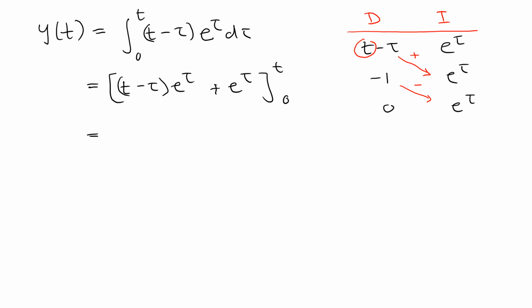When you plug in t for tau, the first term is 0, and the second term gives you e to the t. When you plug in 0, e to the tau is 1, and the first term gives you t, and since it's the lower limit, you get a negative sign, so negative t, and the last one is negative 1. So that is the answer, and you can see how well it works.